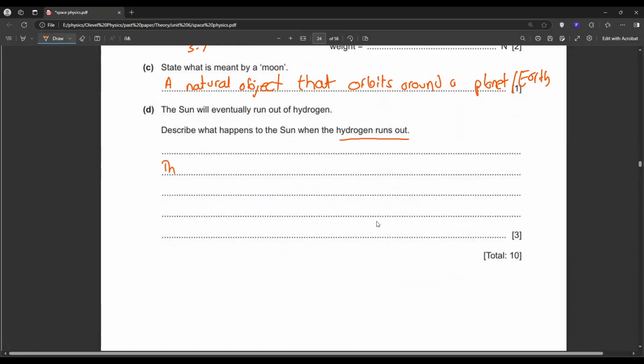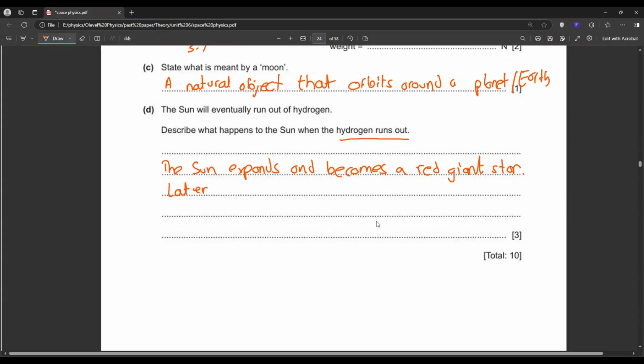The sun expands and becomes a red giant star. Perfect.